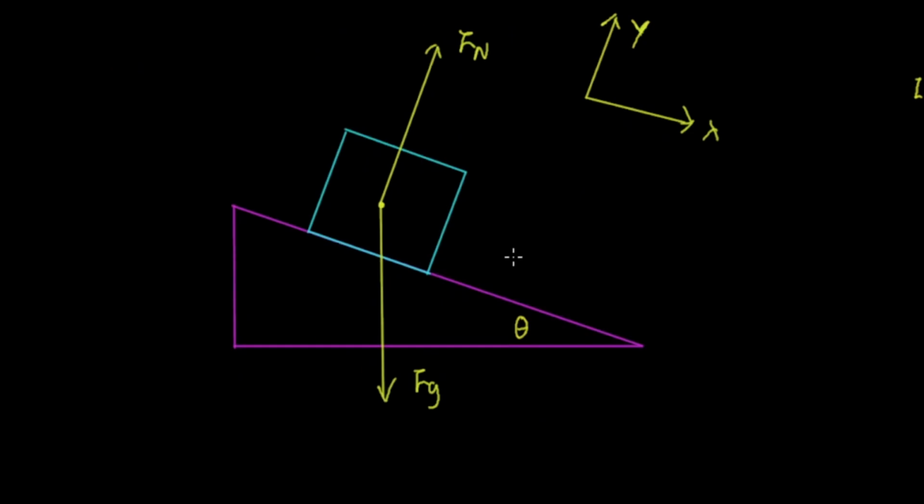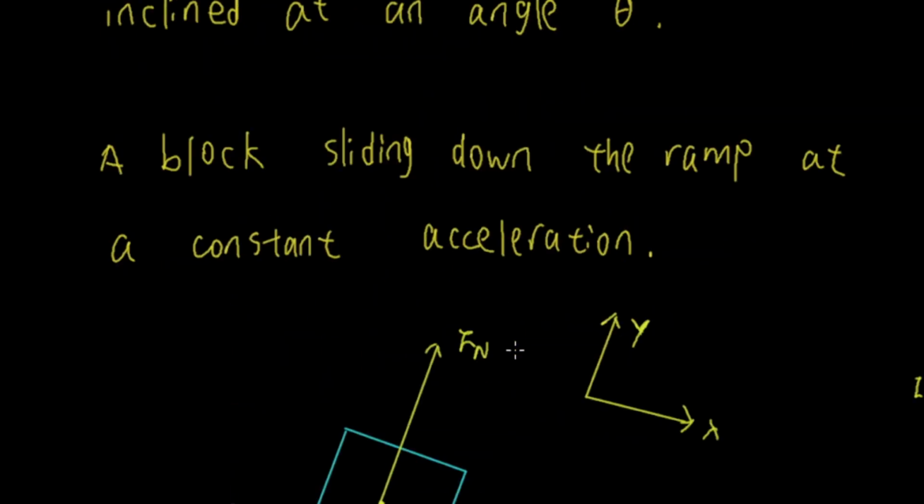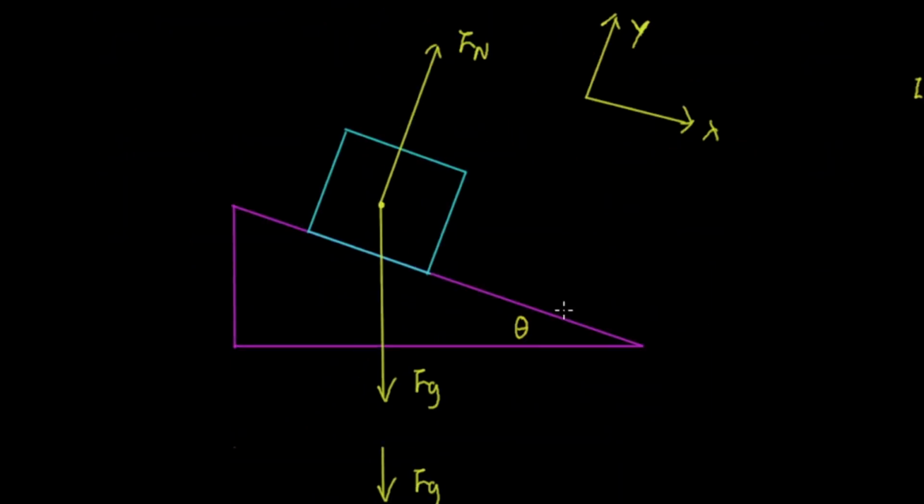Now, what other forces? We know that in the example, the block is sliding down the ramp at a constant acceleration. So there's a force pulling the block down here at a constant acceleration, right? Here, this force. And the block is not being pushed.